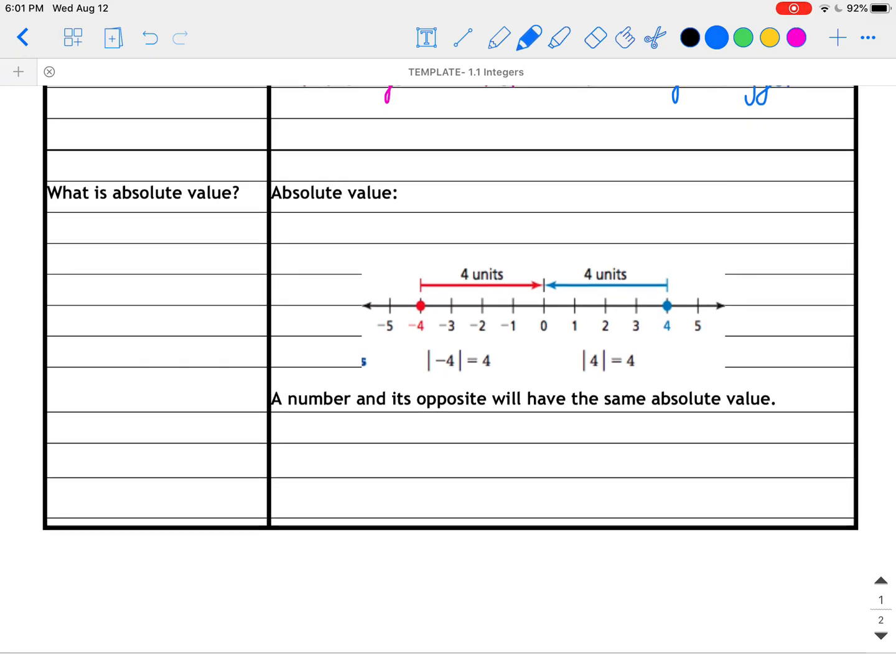So absolute value is the distance between 0 and a value on the number line.